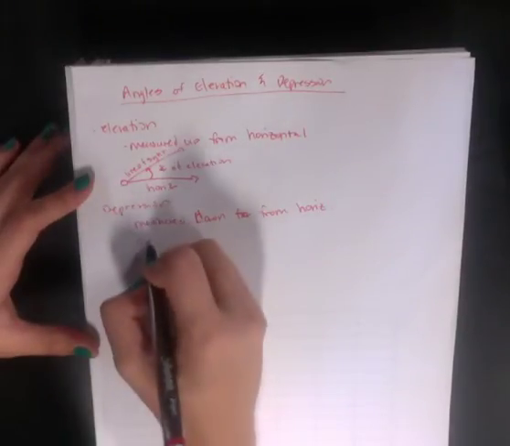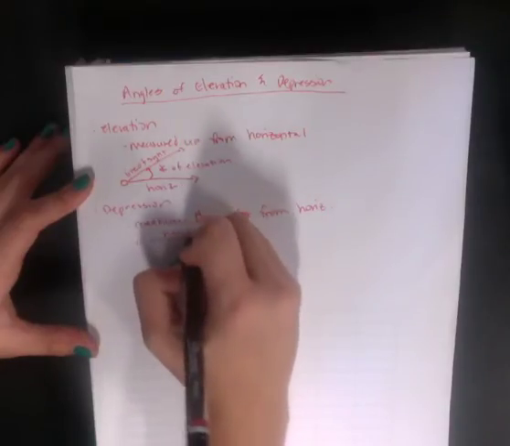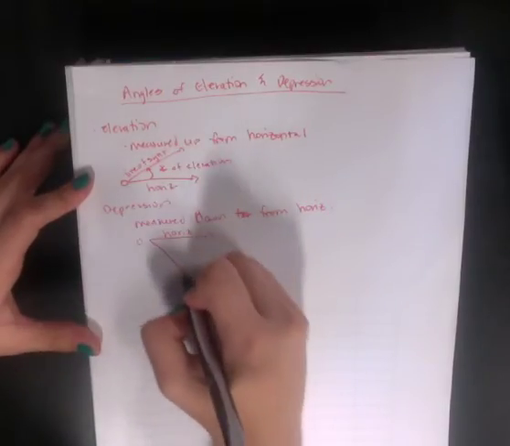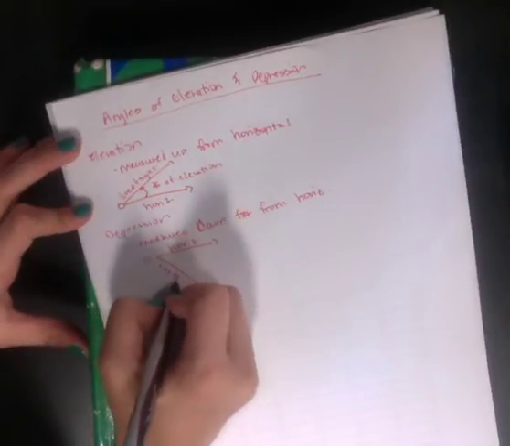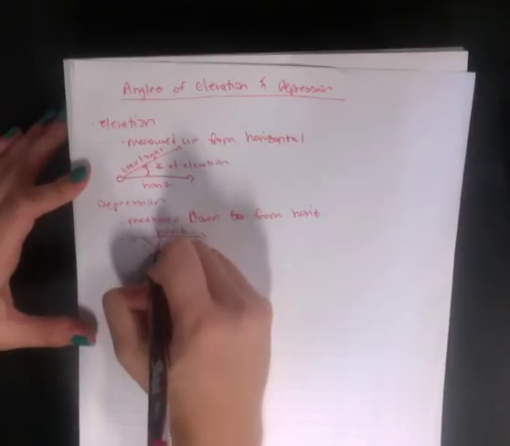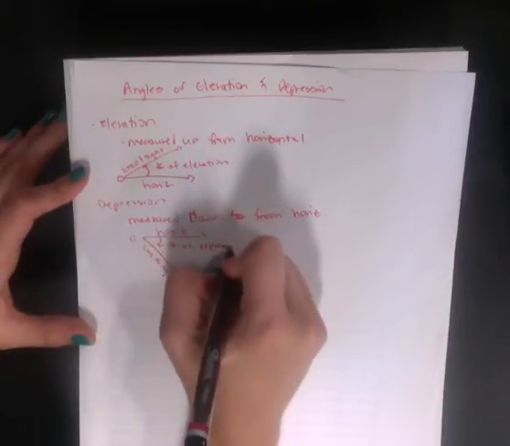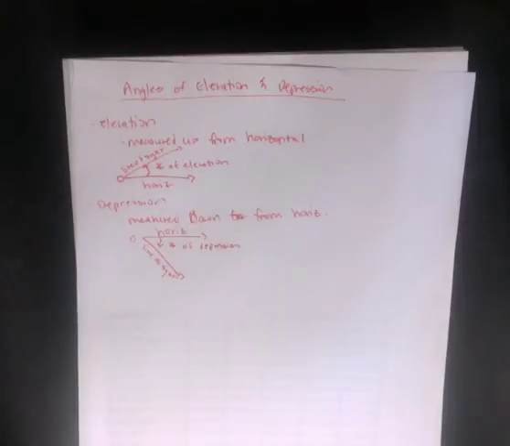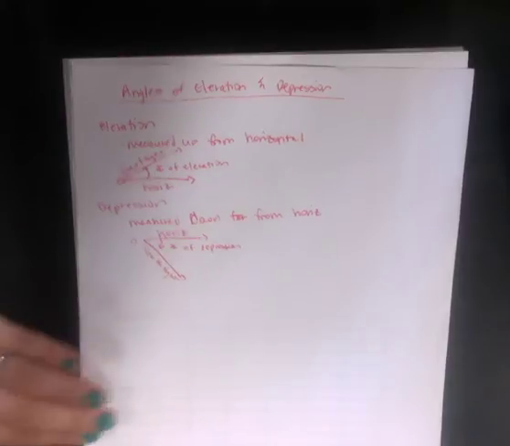So if this is my horizontal and this down here is my line of sight, this is my angle of depression. Okay? So, let's just jump right into an example.